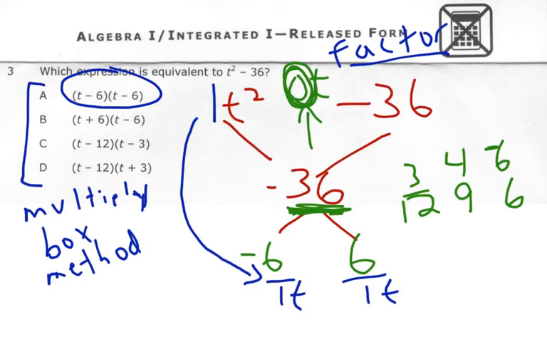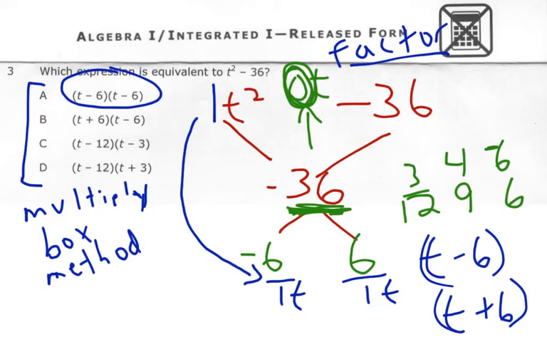So 1t would just be t minus 6, and then the other one is a positive 6, so it would be t plus 6. And that's not A, that's actually going to be answer choice B.